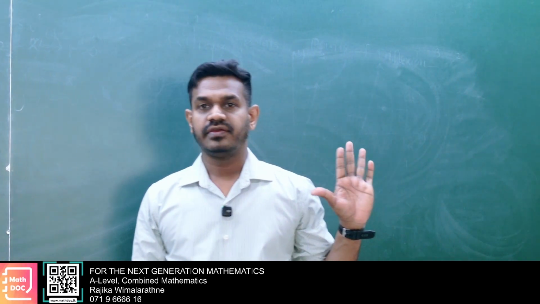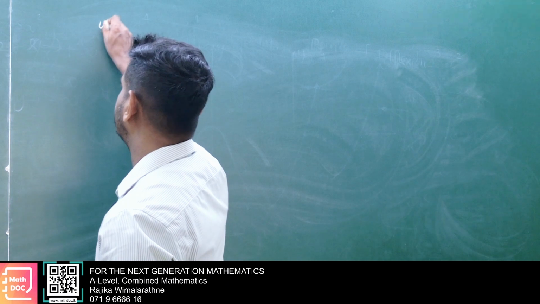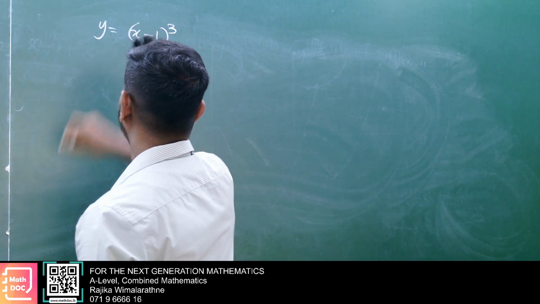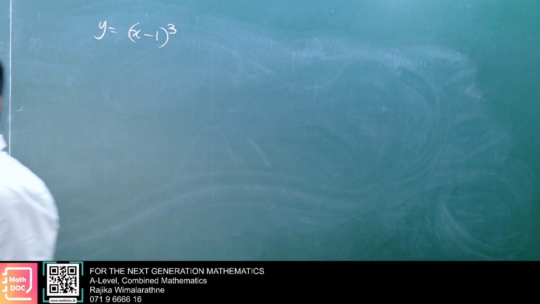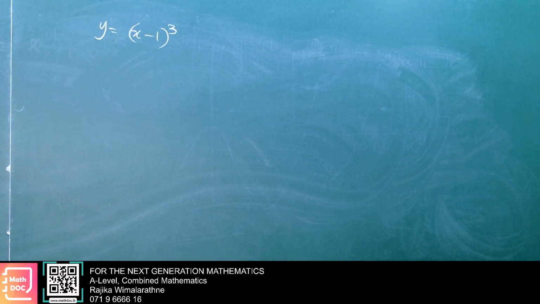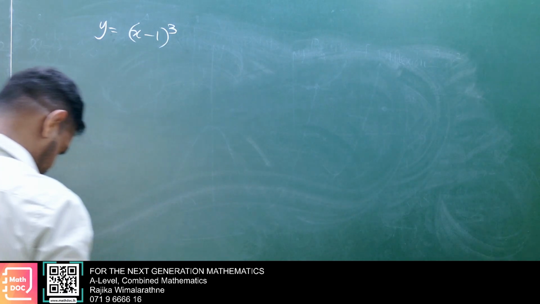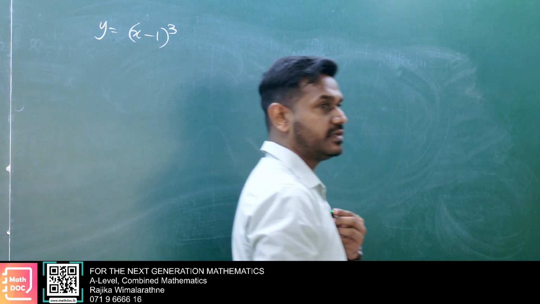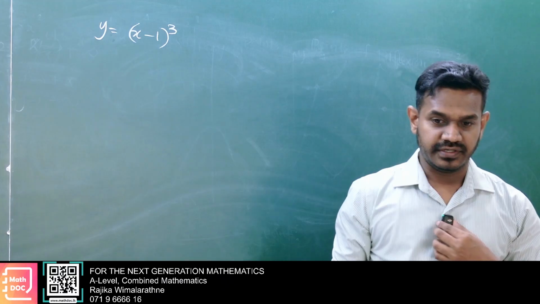Then you try y equals (x minus 1) cube. y equals (x minus 1) cube. Take time and do it alone.